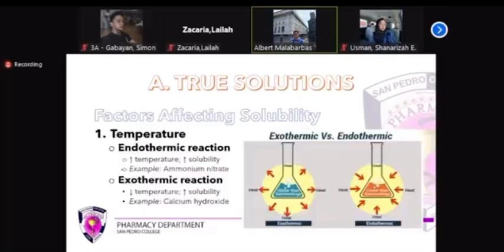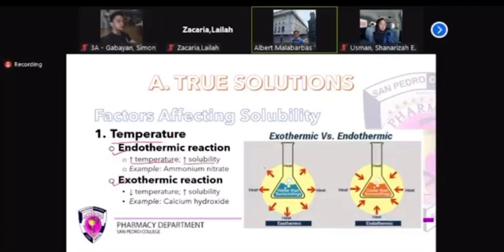Okay, next, what are the factors that may affect solubility? First one, temperature. Under temperature, we have endothermic and exothermic reaction. What do you mean by endo and exothermic reaction? Endothermic means that if you increase the temperature of your solution, you also increase the solubility of your solute.